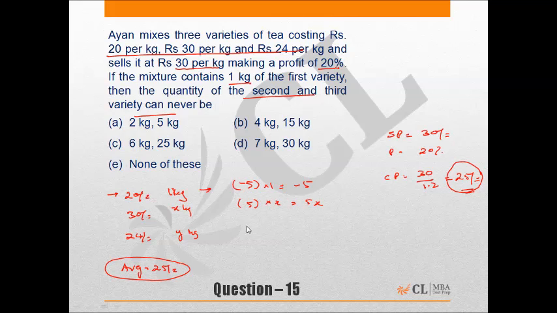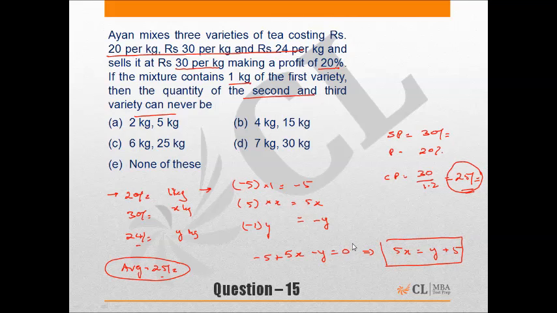And the third one is minus 1, because the average is 25 and here the price is 24, so minus 1 into y, which is equal to minus y. So we can say minus 5 plus 5x minus y should be equal to 0, which implies 5x is equal to y plus 5. Substitute the choices, whichever choice does not satisfy cannot be the answer.